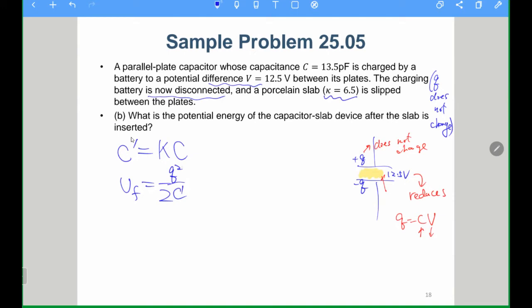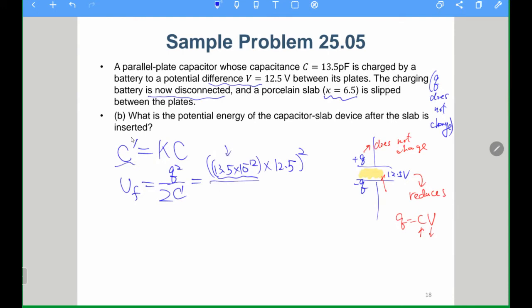Q doesn't change. So Q equals CV, which is 13.5 times 10 to minus 12, the original one, times the original voltage, 12.5, and then the whole squared. This is the original charge, and the original charge doesn't change, so don't try to mix it up with C prime.